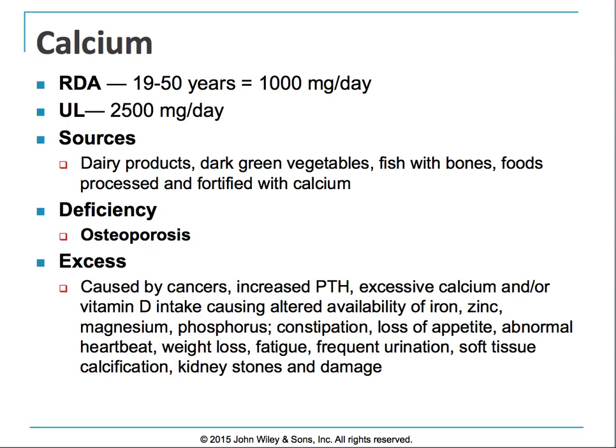Deficiency of calcium can lead to osteoporosis, and calcium excesses can be caused by cancers, increased levels of PTH or parathyroid hormone, excessive calcium and or vitamin D intake, causing altered availability of iron, zinc, magnesium, and phosphorus, constipation, loss of appetite, abnormal heartbeat, weight loss, fatigue, frequent urination, soft tissue calcification, kidney stones, and further damage to your kidneys.